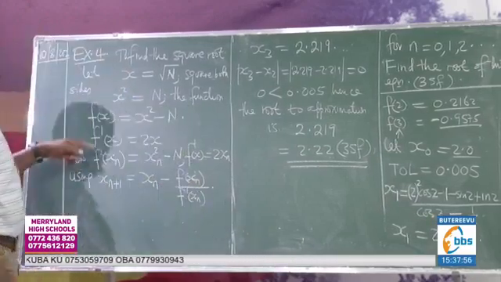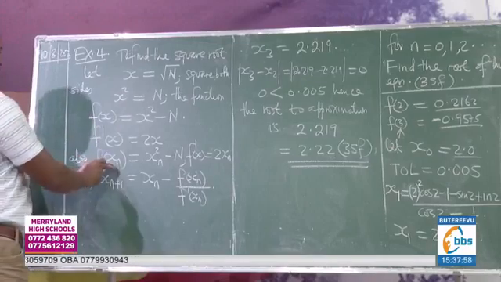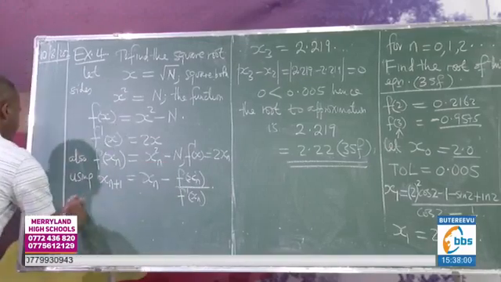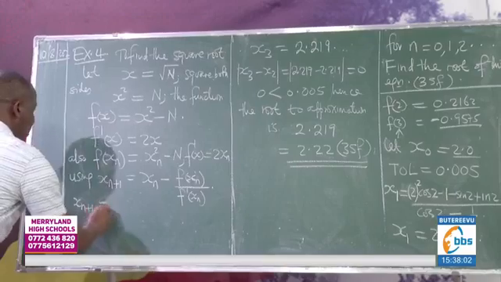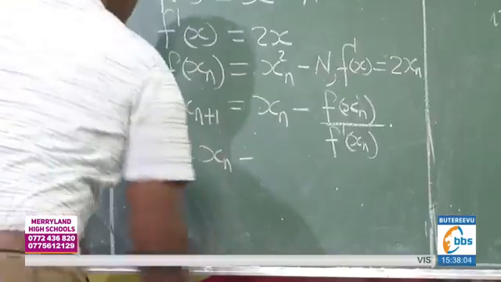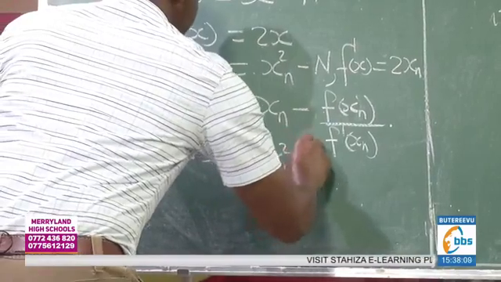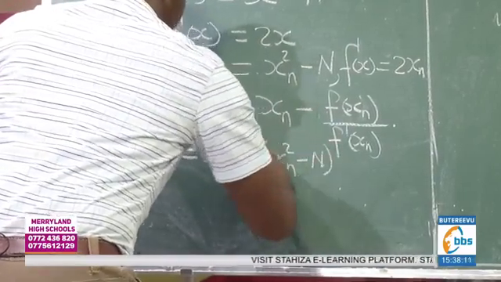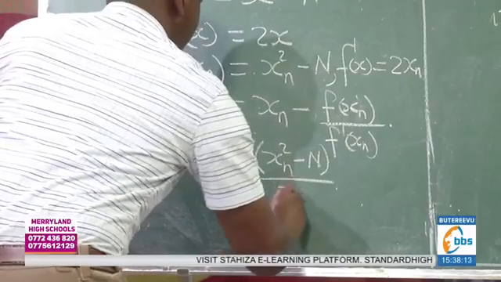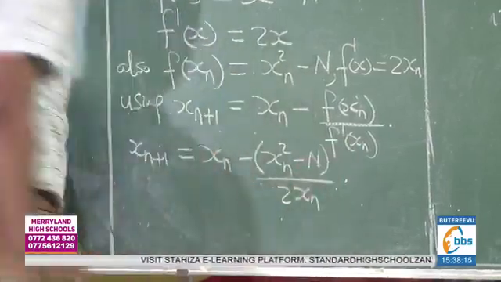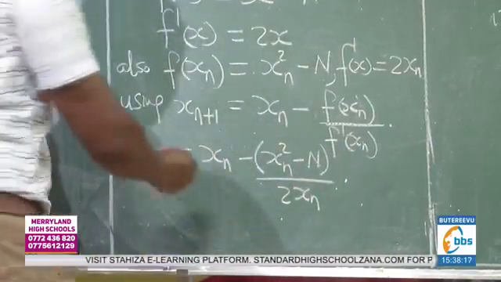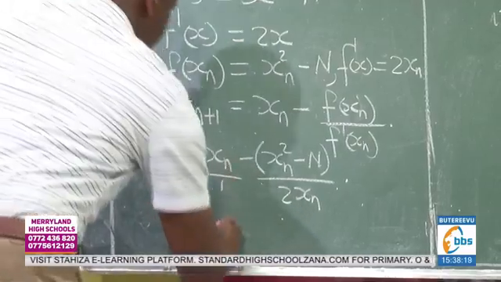If we substitute in these two values, our xn plus 1 will be equal to xn minus (xn squared minus n). Don't forget these brackets, over 2xn. We do the mathematics by taking the LCM.